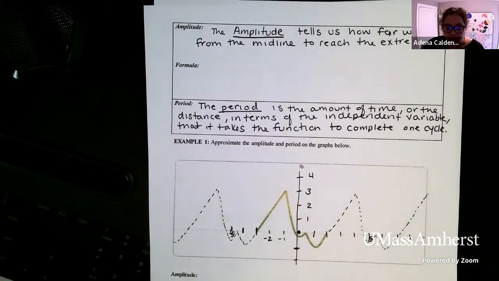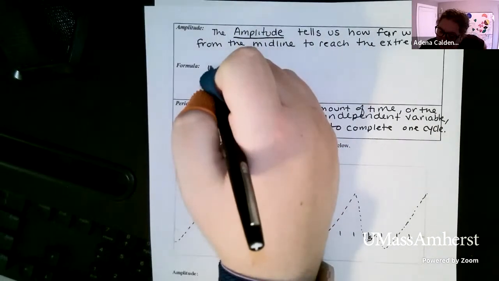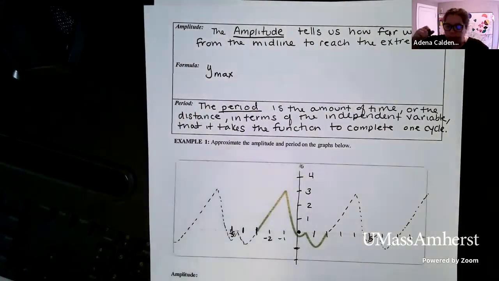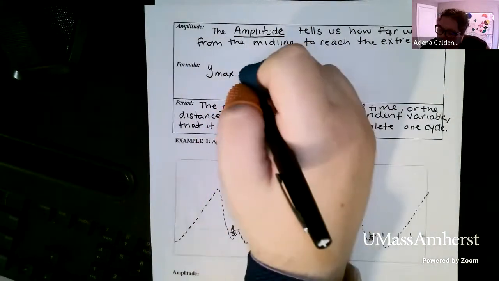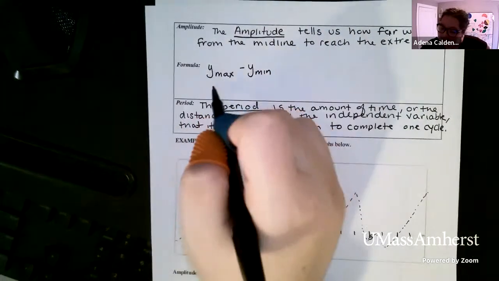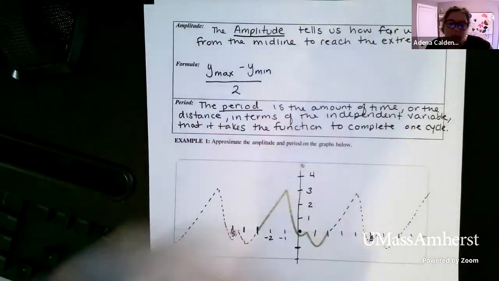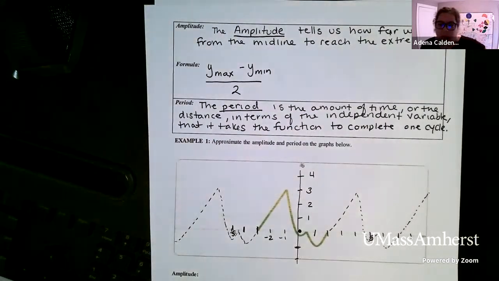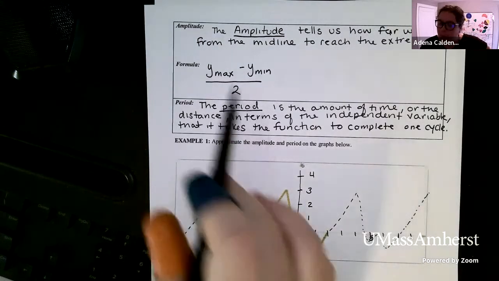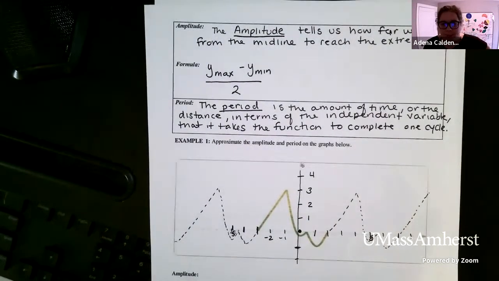Well, the general formula to find the amplitude is that we are going to find the maximum y value. So we're going to go up and say, what's the biggest y value? Minus the minimum y value, divided by 2. Okay, so if we can identify the maximum and minimum value, we can throw it into this formula and find the amplitude.